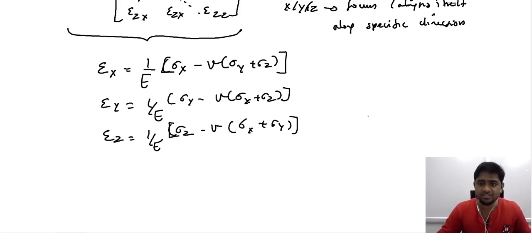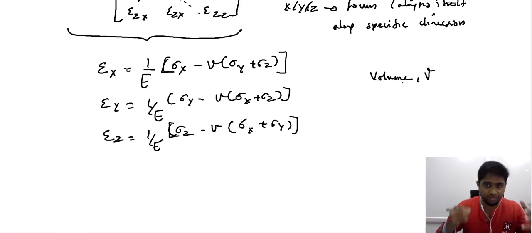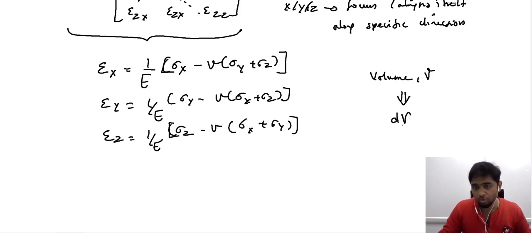Before imposing the mechanical condition, the system as a whole has a volume of say V. After imposing the mechanical conditions, be it uniaxial, biaxial, triaxial, depending on the mechanical condition, there would be a change in the volume.